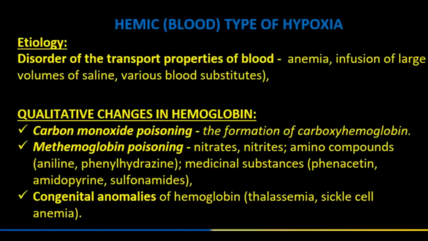Next type is the hemic or blood type of hypoxia, with disorders of the transport properties of blood.